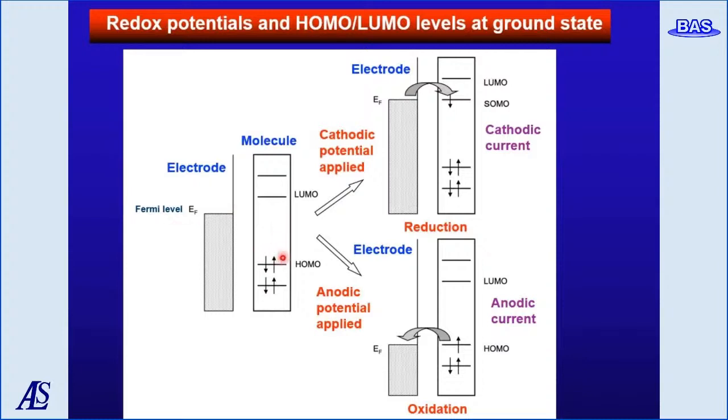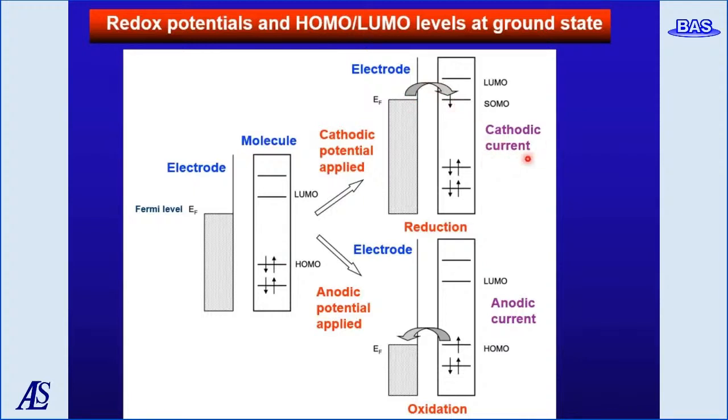When a negative potential is applied from the equilibrium potential, the Fermi level rises, and when it approaches the LUMO energy level of the molecules, electrons flow from the electrode to the molecules, and a cathodic current is observed.